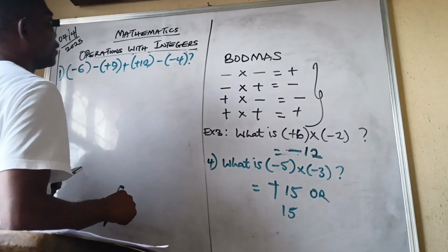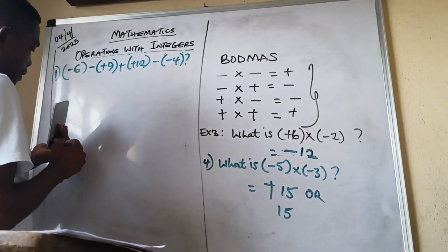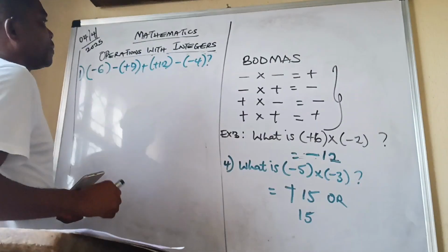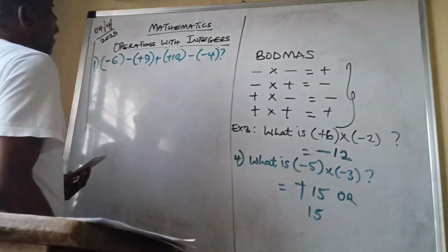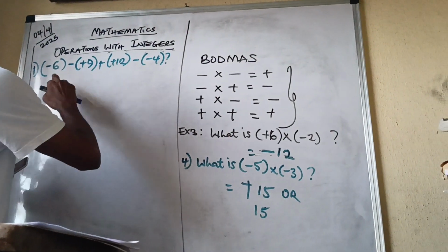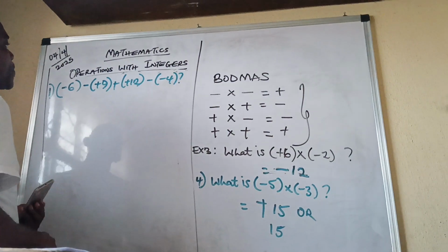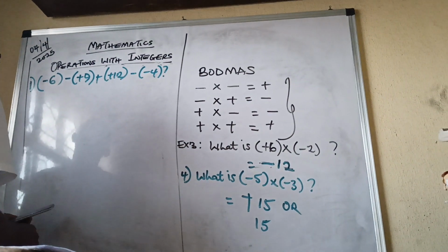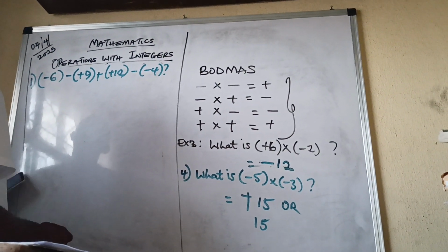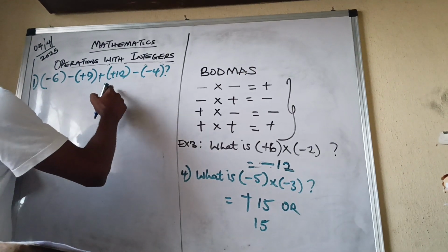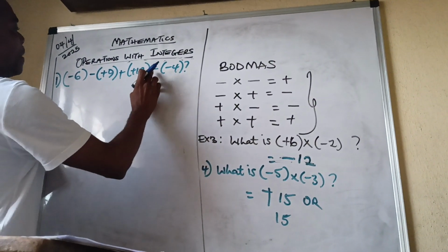So let's take a good look at this. It means that we are going to open the brackets. How do you go about that? So I will start from here.